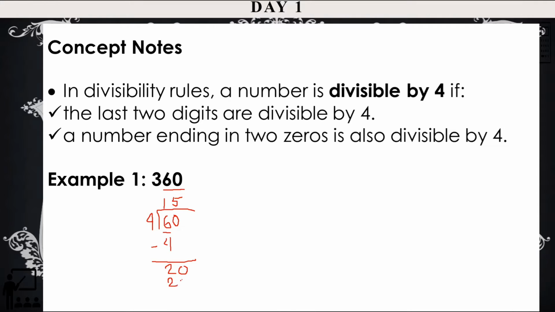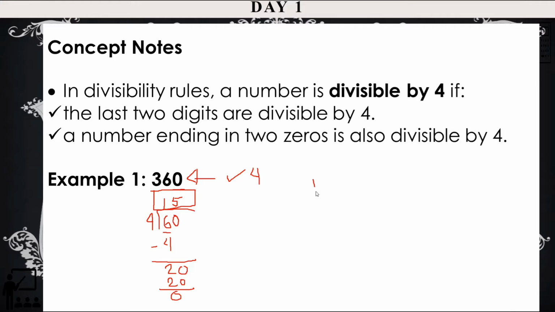When we subtract, it is equal to 0. So if the quotient is a whole number, then 360 is divisible by 4.